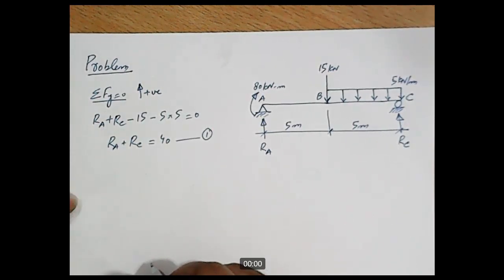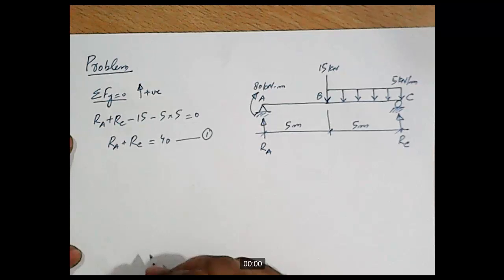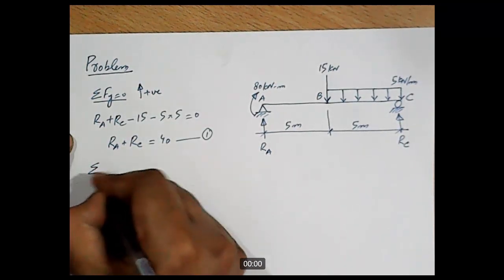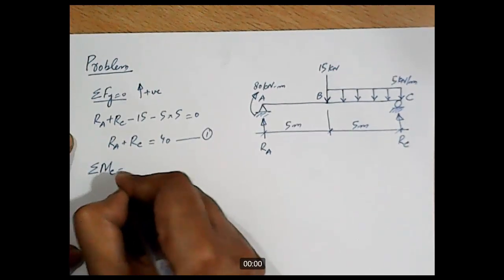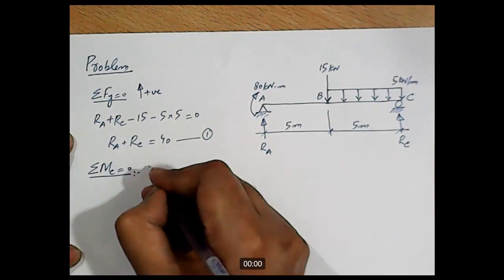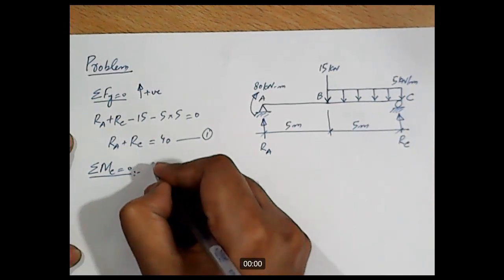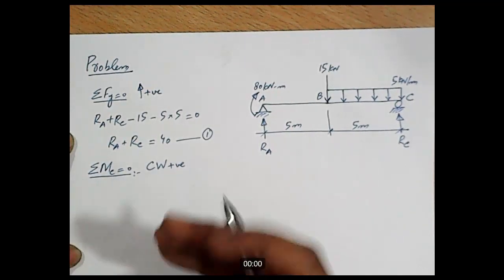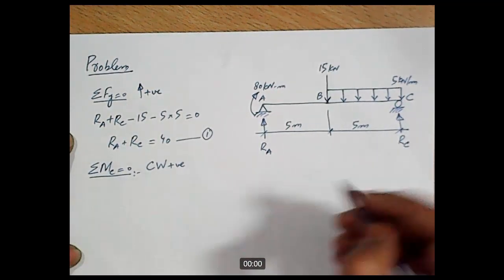Now let's apply the second condition of equilibrium, and we can apply sigma MC equal to 0. Sigma MC equal to 0, and for this we can take our convention as clockwise positive. I want to keep it same as before.